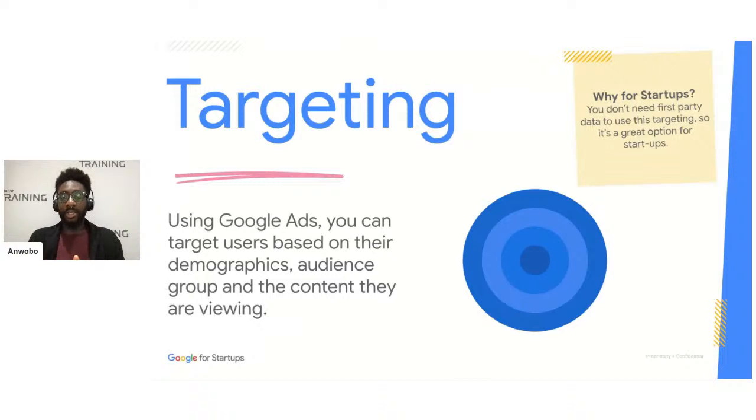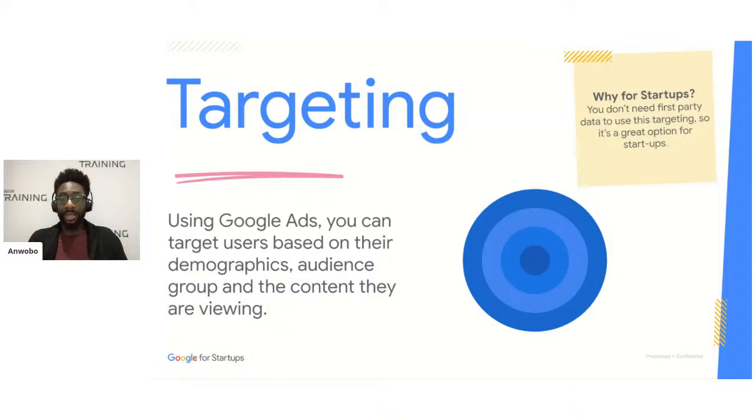Now, the targeting features that you'll find on YouTube, I think they are particularly suited for startups. And one of the reasons for this is because you don't actually need any first-party data to be able to take advantage of it. Now, by first-party data, what I mean is data that you have collected on your own customers, like email addresses and their interests and everything else.